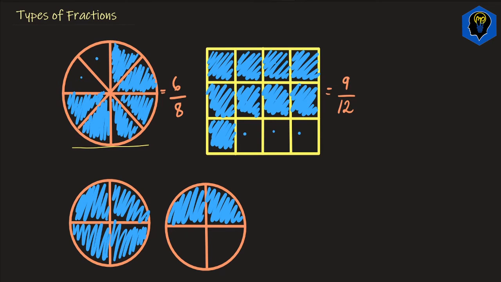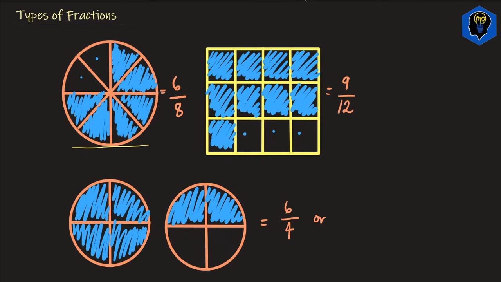So, kung i-consider natin sila na magkasama, ilan yung shinadan ko? I shaded 6. And then, ilan ba yung parts na na-divide yung isang buo? So, that would be 4.